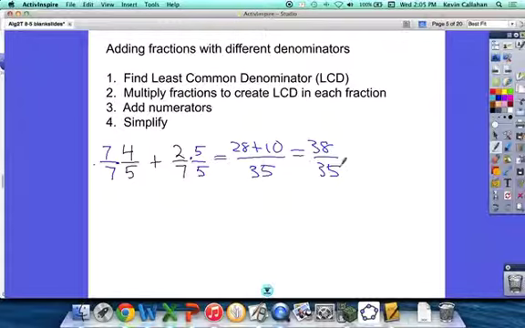Now, the simplify part: with fractions, are there any common factors between 38 and 35? No. So, I mean, at the end, if there is something to simplify, you simplify. But sometimes there's not.